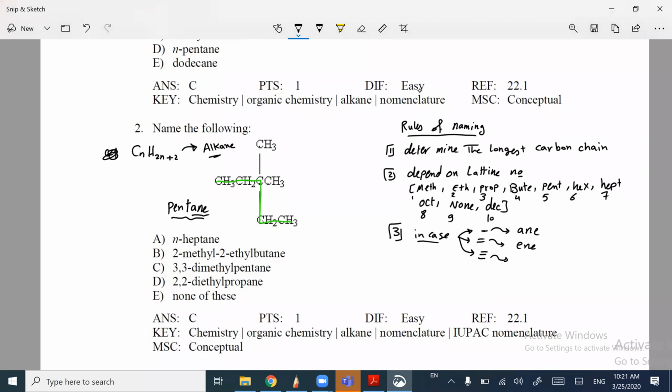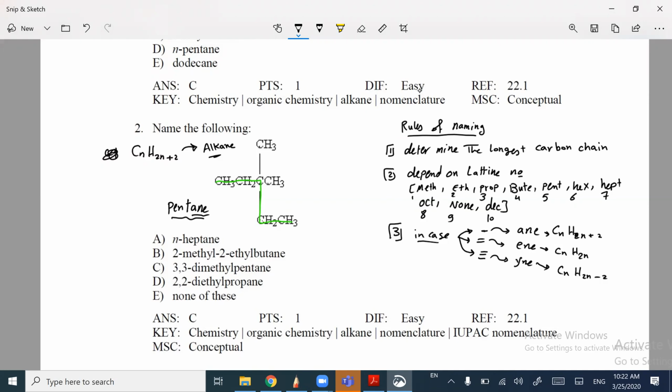In case of the triple, we will add "yne". From where can we determine that it is single, double, or triple? According to the rule: CnH2n+2 for ane, CnH2n only for ene, and CnH2n-2 for yne.